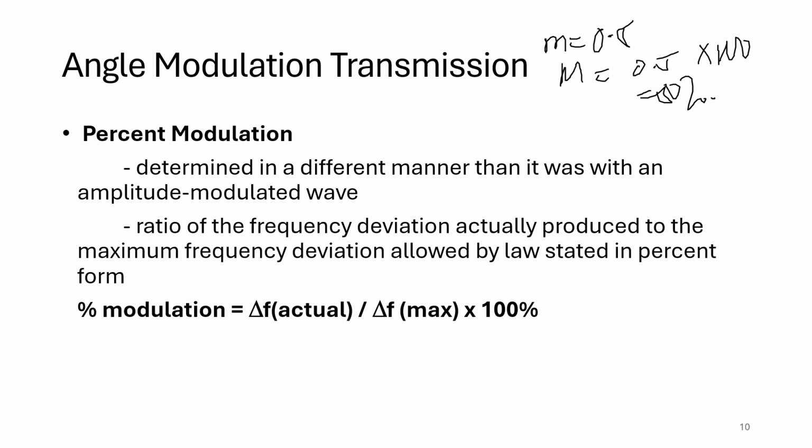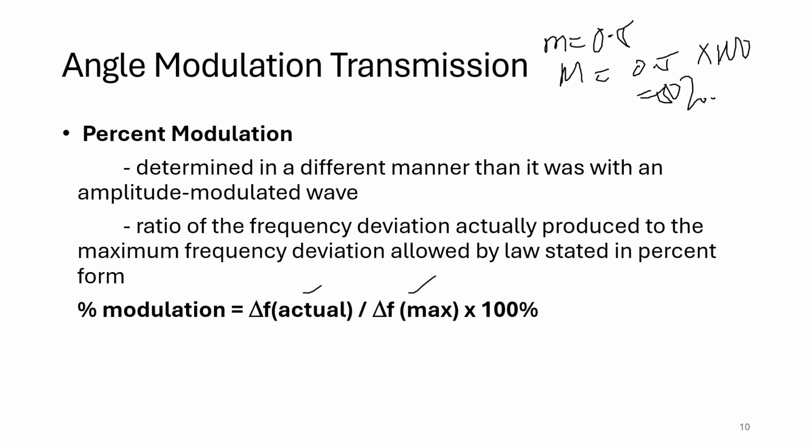Therefore, in the formula, we have the actual and we have the maximum. So where do we get the maximum? Usually, class, the maximum is limited or stated, in the United States, by the FCC. The FCC limits the frequency deviation for different types of application.